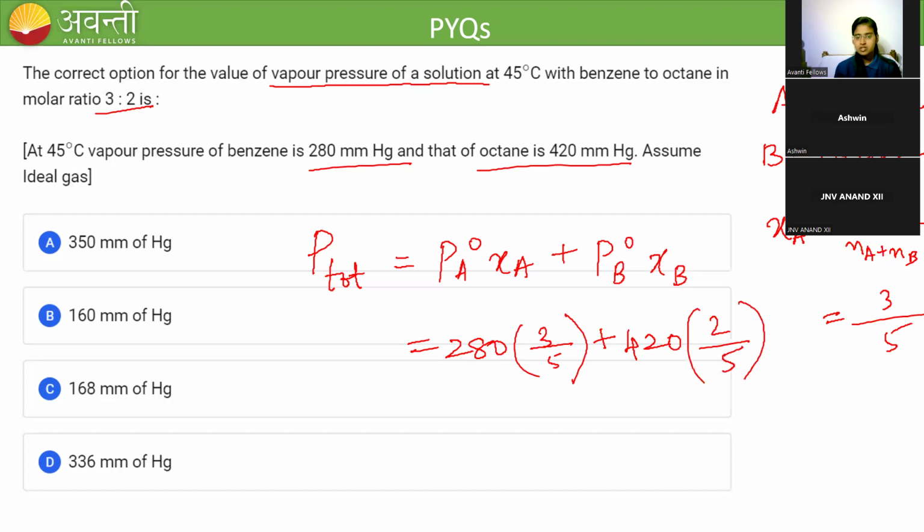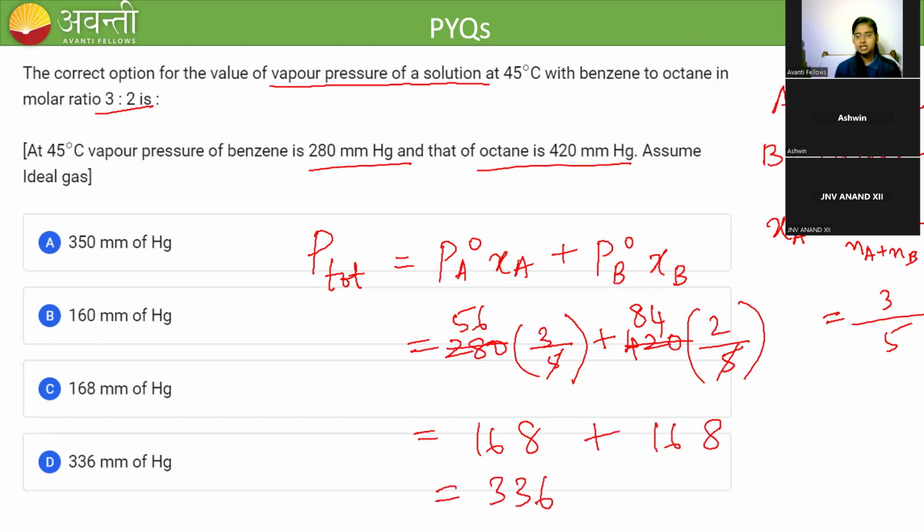If we solve this, what will we get? 5 into 3 into 6 is 18, 168 plus 168. So what are we getting?